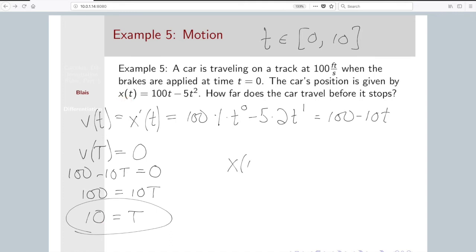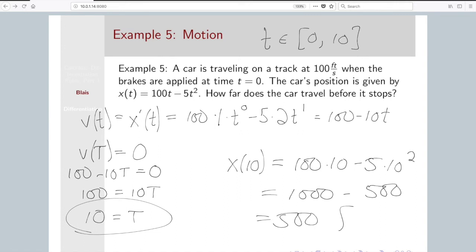So x of 10 gives us our solution, or 100 times 10 minus 5 times 10 squared, which is 1,000 minus 5 times 100, or 500 feet. So the car travels a total of 500 feet during this braking process.